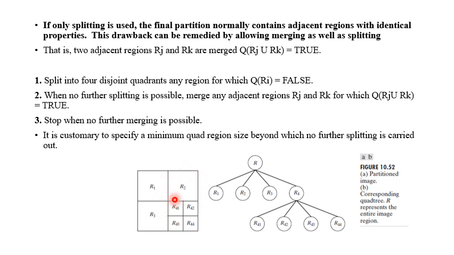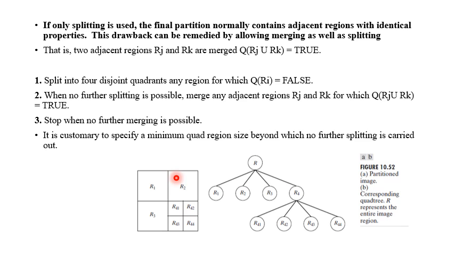At that time I'll have to go for merging. So initially I split based on a predicate, then I may have to merge, and maybe again R2 may have to be split. So splitting and merging, till the condition of segmentation is satisfied.